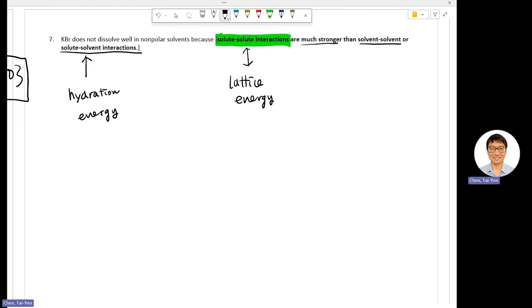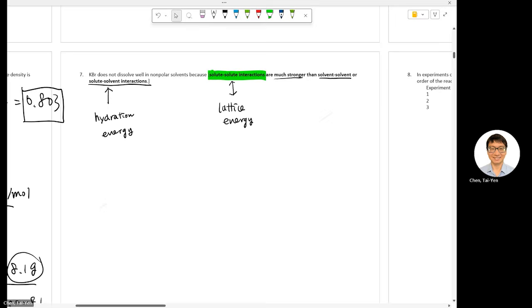You will see some variants of these questions. If you want to form a solution, your delta H mixing, or hydration energy term, must be the dominant term so that it dissolves well. This is the concept you should take from this type of question.